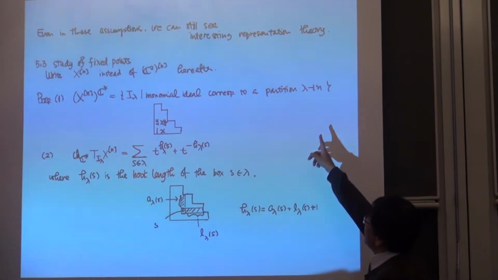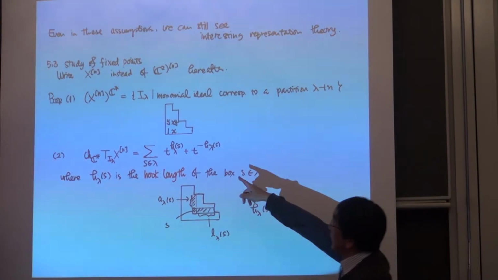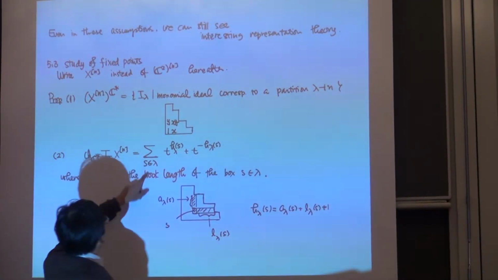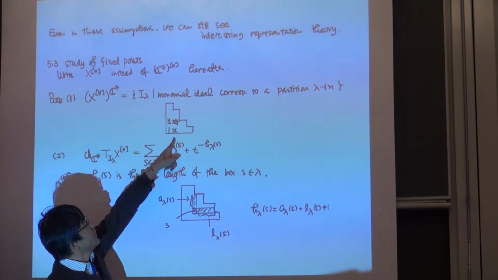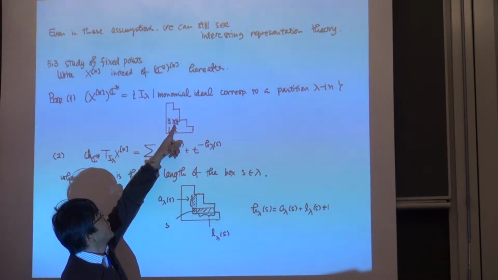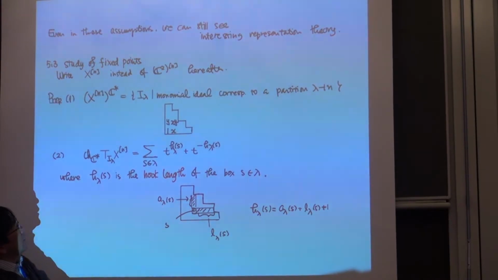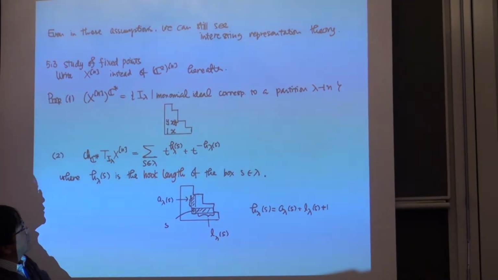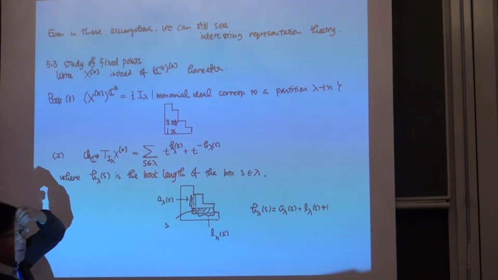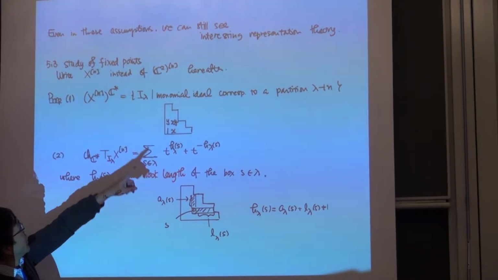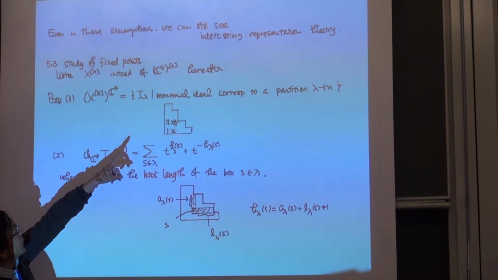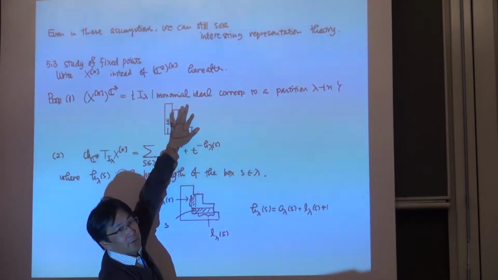And that gives me an ideal in this way. I just write monomials, 1, x, y, and xy like this. Then I define the monomial ideal I lambda to be the span of monomials which are outside of this partition.